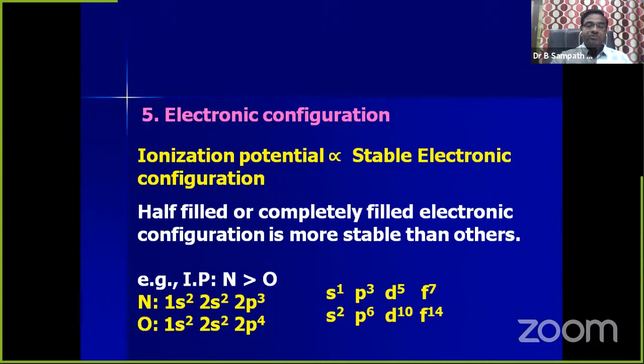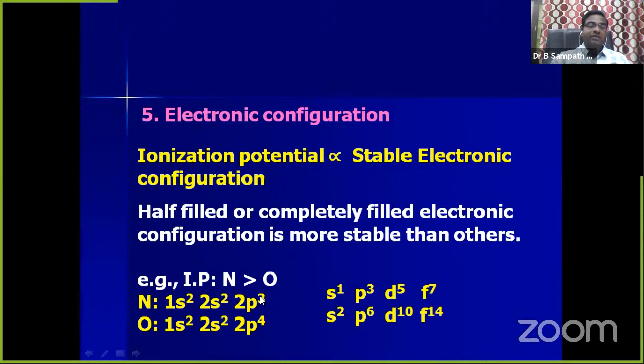Let us see. Nitrogen has the electronic configuration 1s2, 2s2, 2p3. These are the same period elements; the last orbit is the second orbit only. But the valence electronic configuration is 2s2, 2p3. So the last electrons, the 2p3, are singly occupied or half filled.